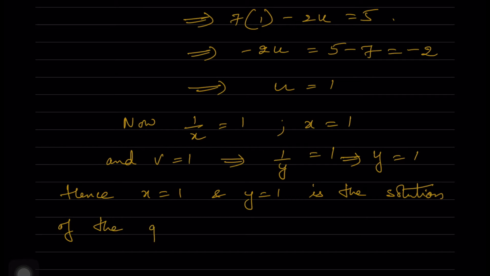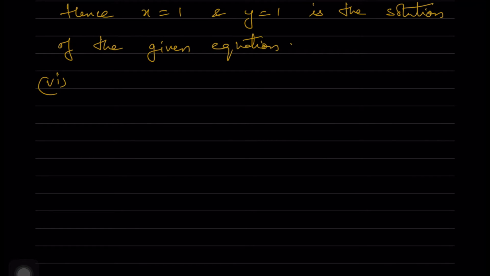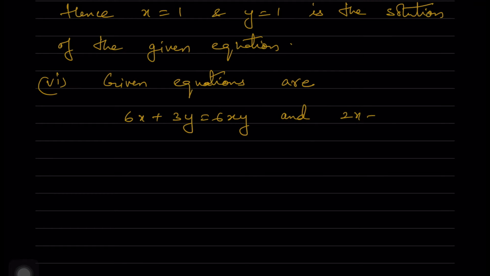Next, the sixth one. 6x plus 3y is equal to 6xy, and 2x plus 4y is equal to 5xy. Now what are we doing?